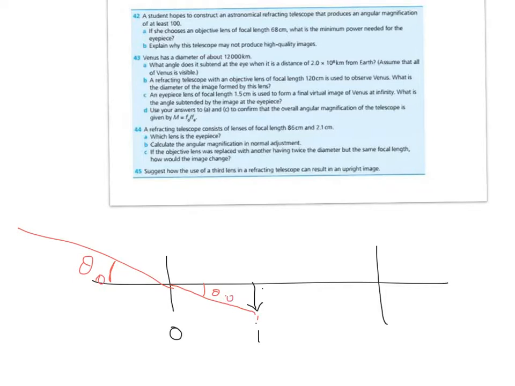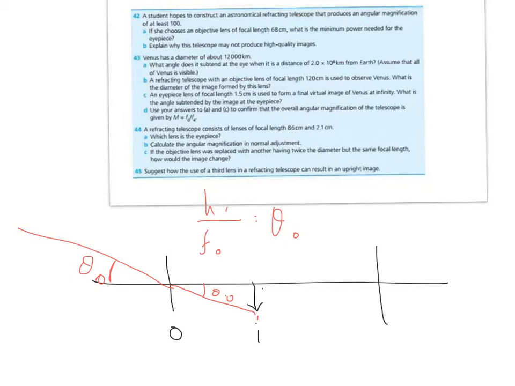So your answer to A is your angle here, which happens to be the focal length of the objective. So the height of the image divided by the focal length of the objective lens will give you that first angle that you worked out in A. Okay, so you should be able to use these two pieces of information to find H1.